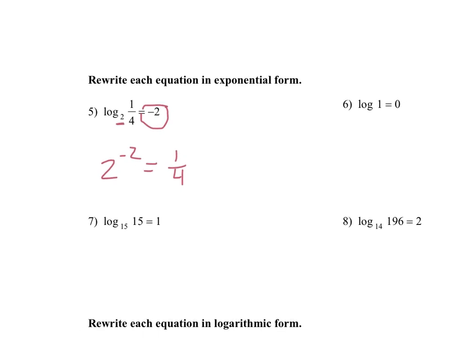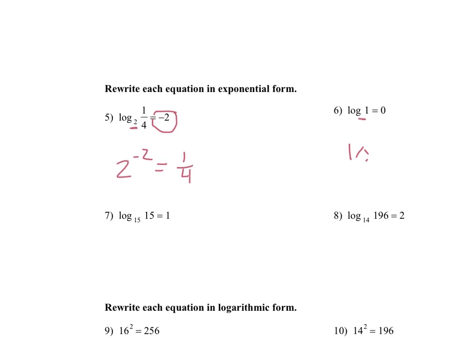Number 6, our base. Remember, if a base isn't written, then that means our base is 10. Raised to what's on the other side of the equal sign, which is 0, is equal to 1.